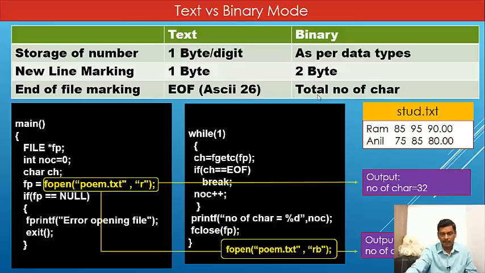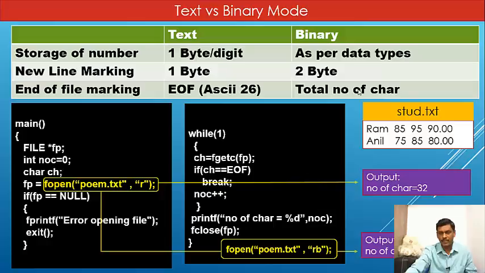But in binary mode, it finds the end of the file by using the total number of characters. If that file has 520 characters, it counts the characters. At the time of reaching the 520th character, it comes out of the file and assumes it is the end of the file.